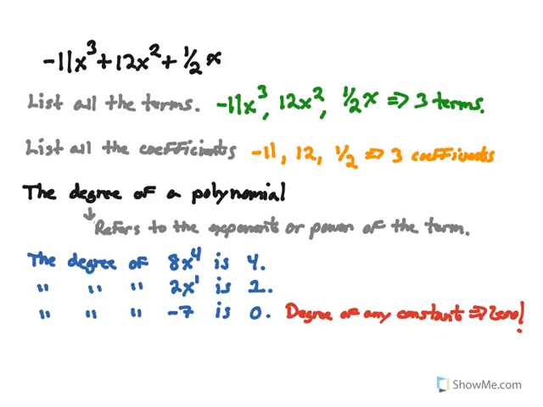So now, let's say we want to find the degree of 9x to the 8th power plus 8x to the 7th power minus x squared plus 2x minus 7.